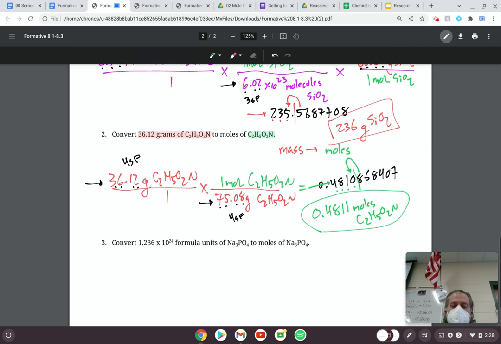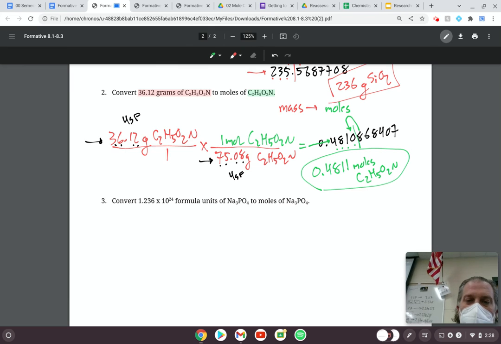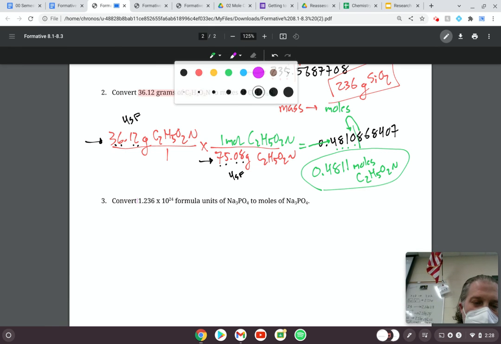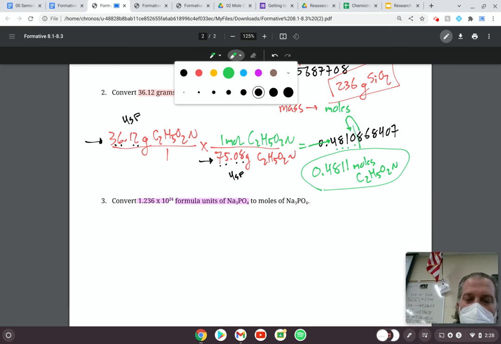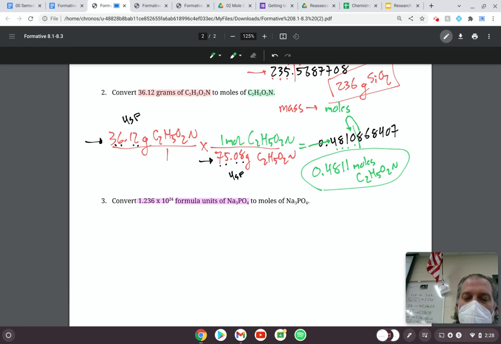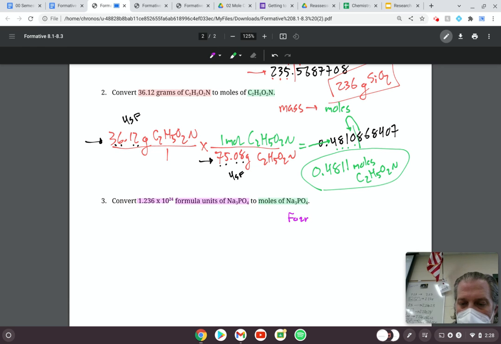And then lastly, we have formula units. So 1.236 times 10 to the 24th formula units of Na3PO4, to moles of Na3PO4. So in this problem, I'm going from formula units to moles.